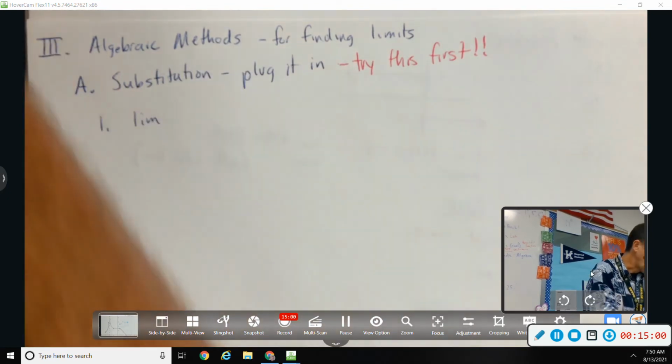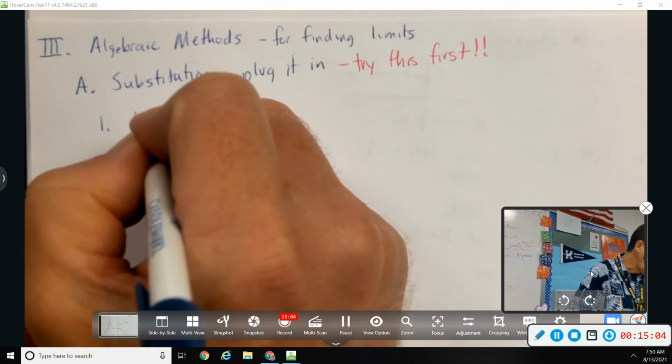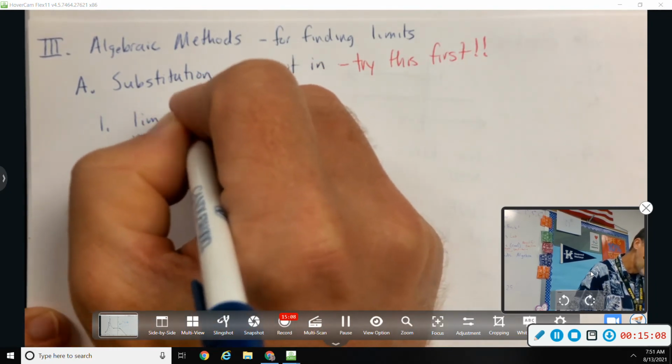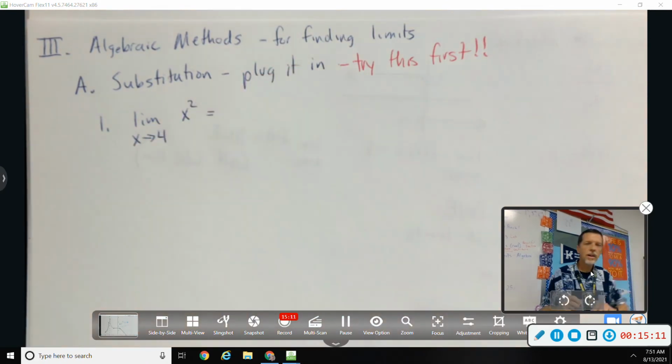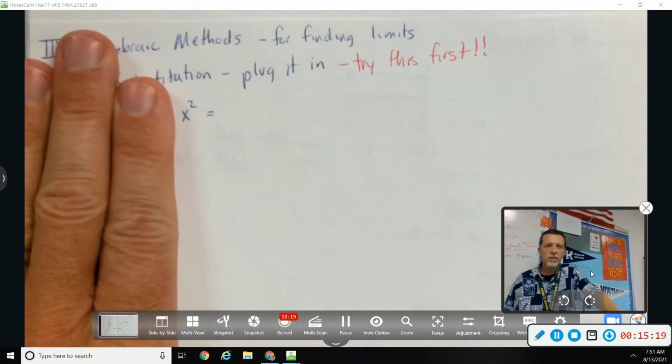All right, some examples. Limit as x approaches 4 of x squared. Let's take the long way around first. Let's think about the graph of x squared. What's the graph of x squared look like?